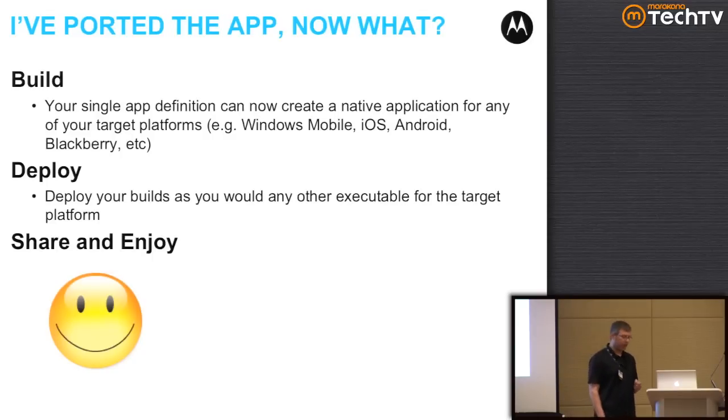We have a tool called RhoGallery that you can use, but if you use something like Motorola's MSP or Afaria, or if you want to put it in the Apple App Store, all you have is a native app package that you can do whatever you want with. So for Windows Mobile, you would get a cab file. For Android, you would get an APK, et cetera, et cetera. And then share and enjoy your web app.